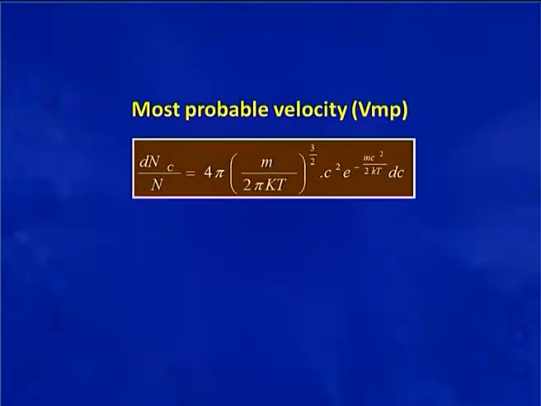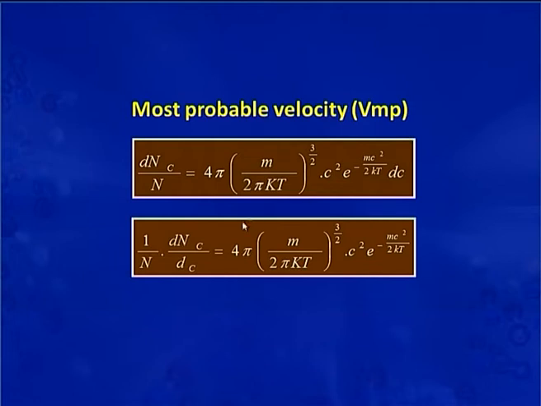The Maxwell's distribution equation is dNc by n is equal to 4 pi (m by 2 pi kT) to the power 3 by 2 into c square e to the power minus mc square by 2 kT into dc.